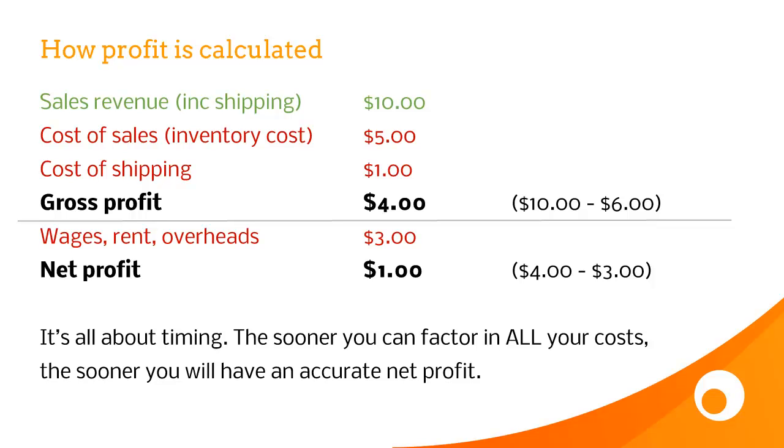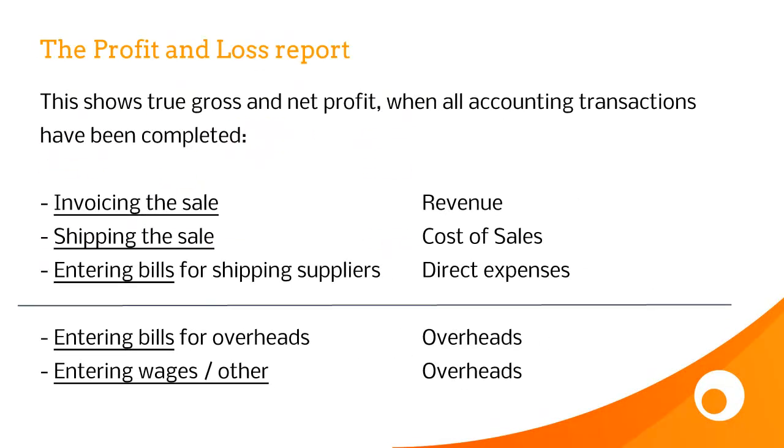And the net profit is really what we want to find out in order to make real business decisions, which is about timing. So the sooner you can get in all of your costs, the sooner you get visibility over your net profit. So the place to see your gross profit and your net profit is the profit and loss report, which is an accounting report, and it's only useful when all accounting transactions have been completed. So to show revenue on your profit and loss, you need to invoice a sale, effectively post it into the accounting system.